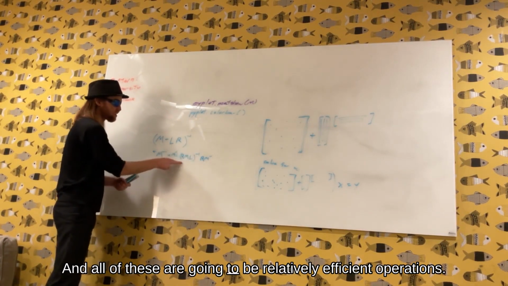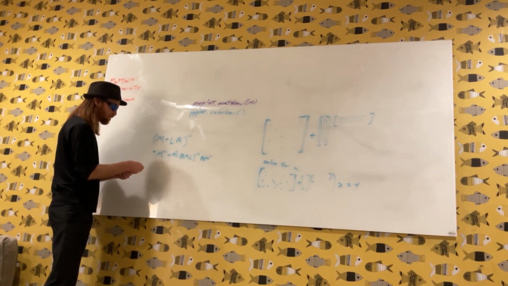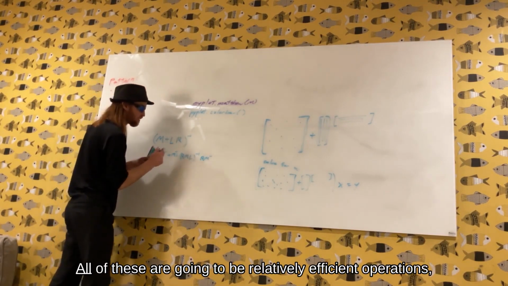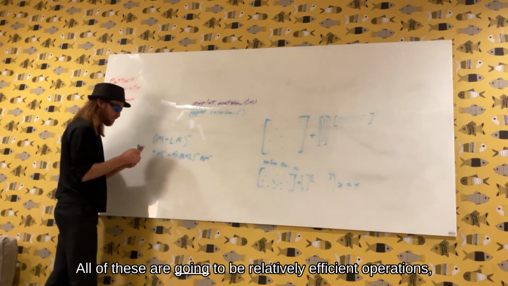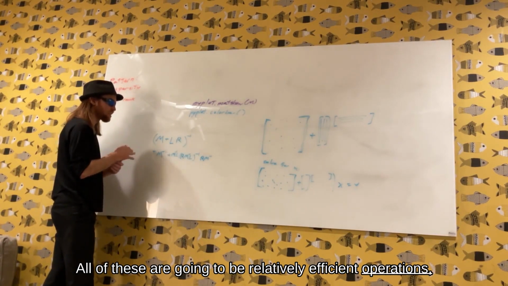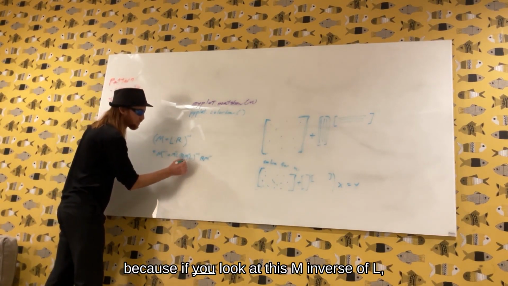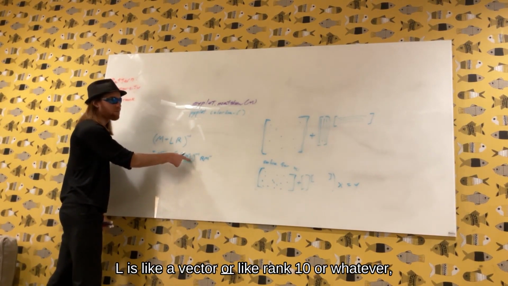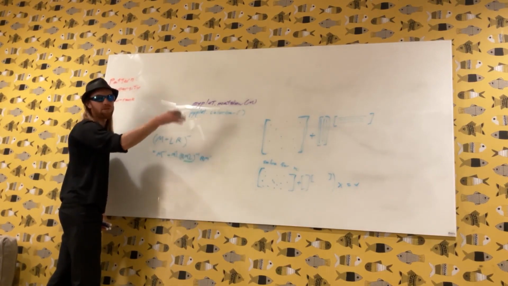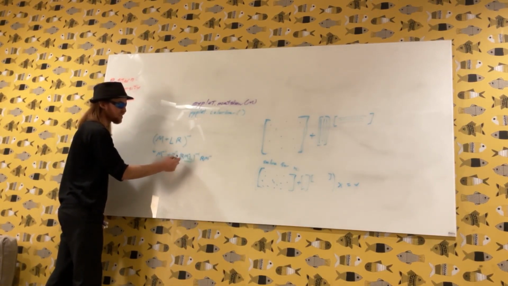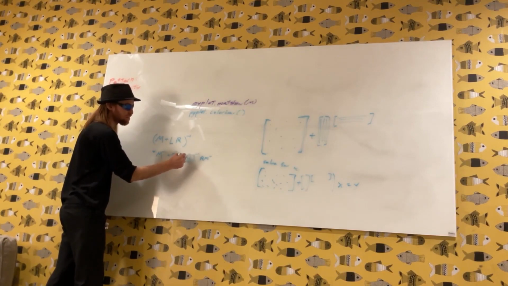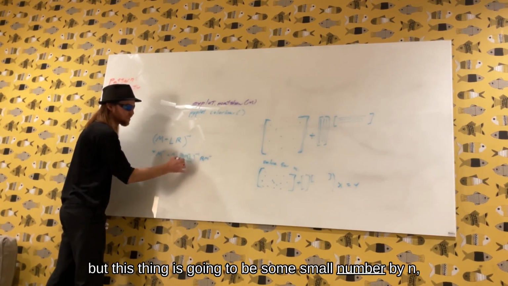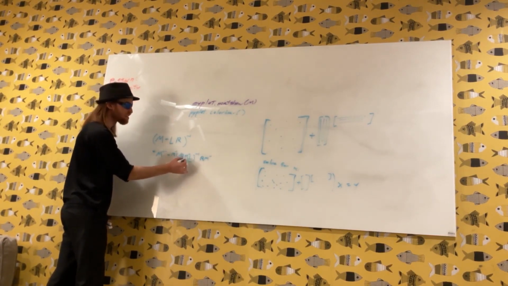All of these are going to be relatively efficient operations because if you look at this M inverse L, L is like a vector of rank 10 or whatever, very low rank. So M is going to be n by n, but this thing is going to be some small number by n, so roughly linear size.